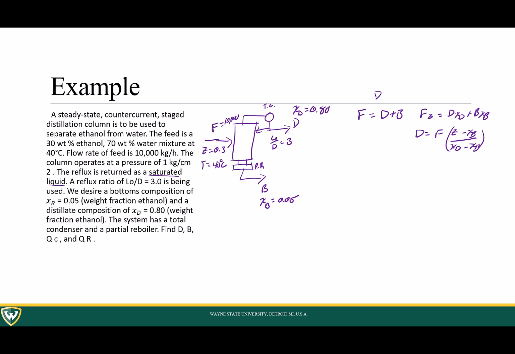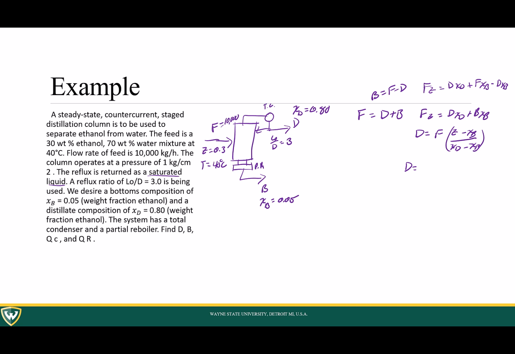So just to double check, I'm going to say F minus D, plugging that into here gives me F Z is equal to D X_D plus F X_B minus D X_B. Moving and factoring, I end up getting F times Z minus X_B, which I have here, and a D. Okay, so that's correct.